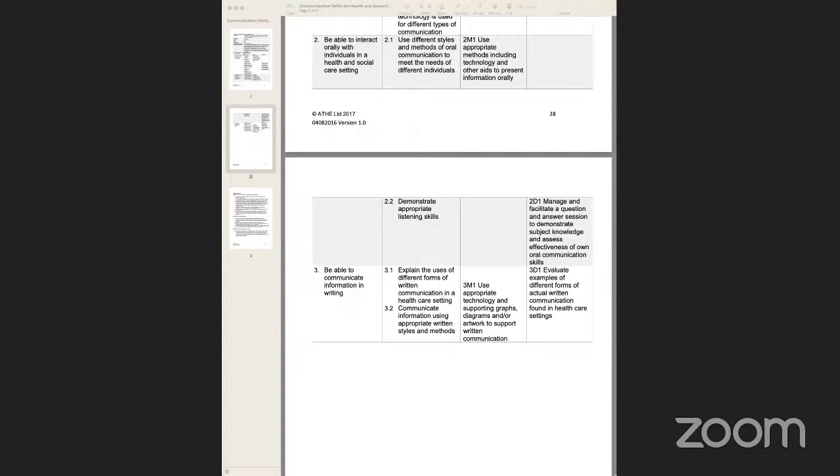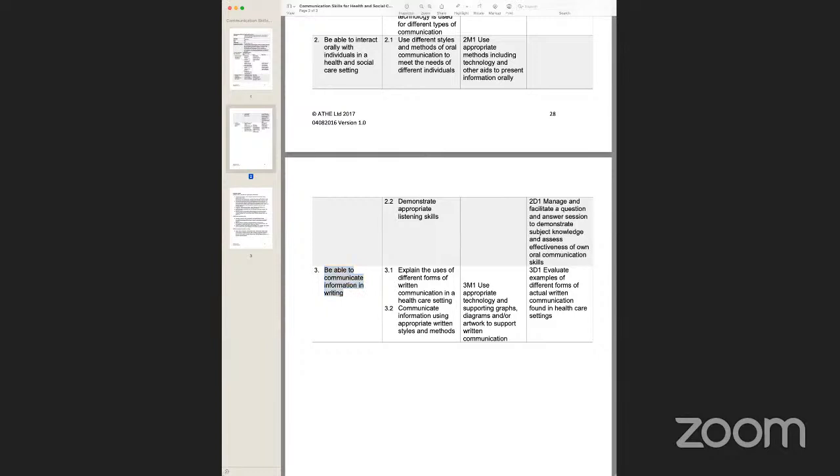Sometimes you might ask why do we need to have written communication, and what are the various methods or styles of written communication? These are areas that we will cover in this particular learning outcome, which is be able to communicate information in writing.